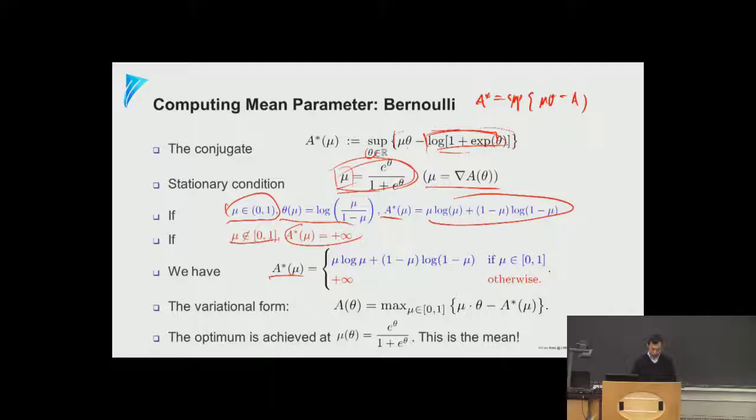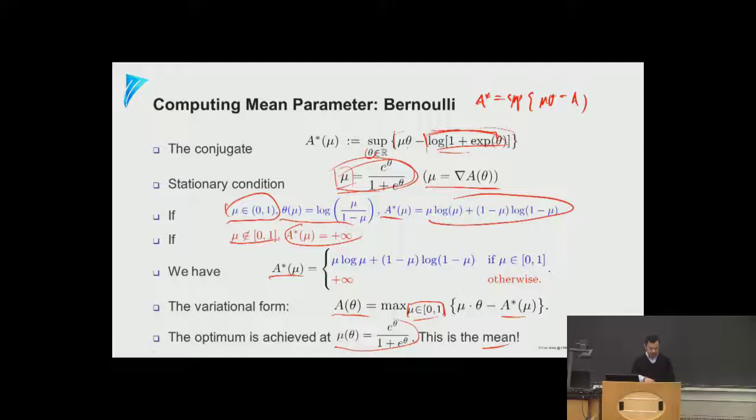So at the end of the day, we now have an expression of the explicit form of the conjugate. And therefore, the variational form can be well established. Once your mu is in the right space, that means this mu star, this A star exists, then you can legitimately define the A as the solution to this optimization problem. And the optimum is achieved here as a stationary condition, which corresponds to the mean of the Bernoulli distribution.